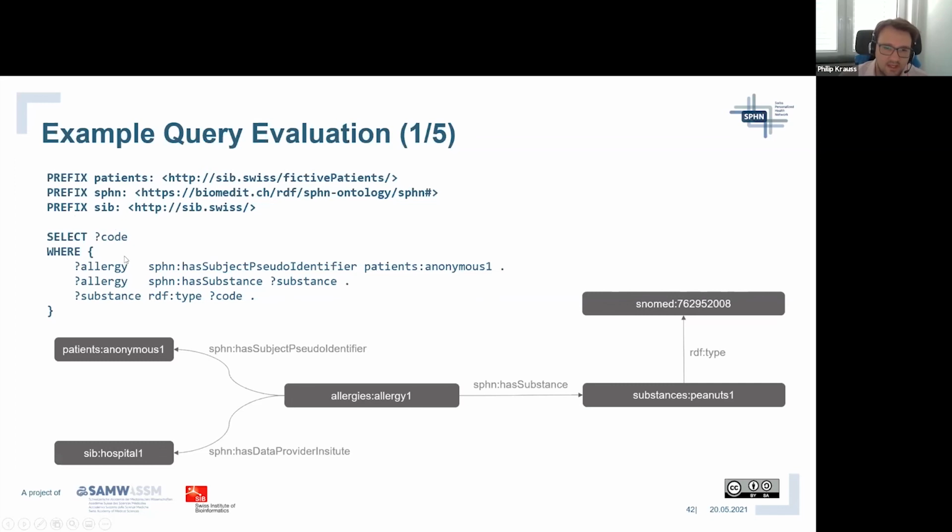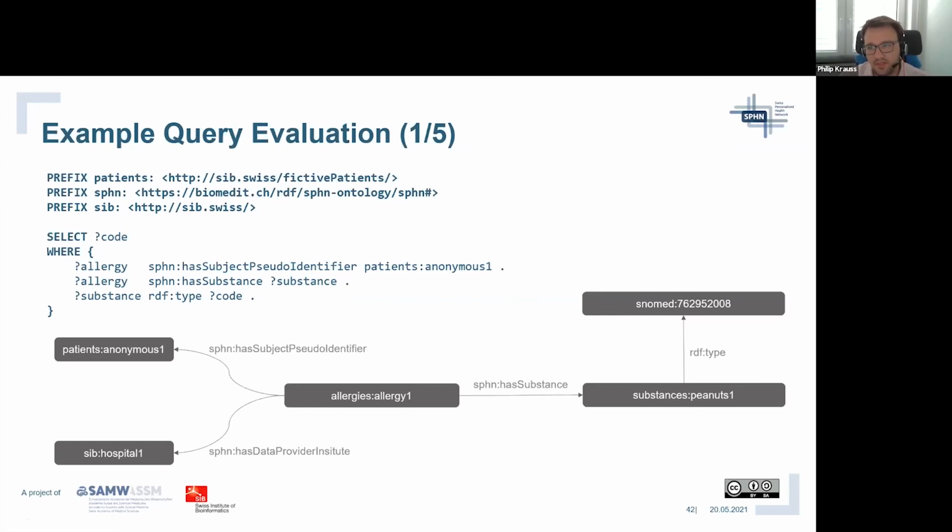And I can ask for that by applying different triple patterns. You can really think of it as having that RDF file in triples, subject, predicate, object, and you can query by that triple pattern too. That's why a basic graph pattern is one line in this where statement. So ?allergy is a variable.